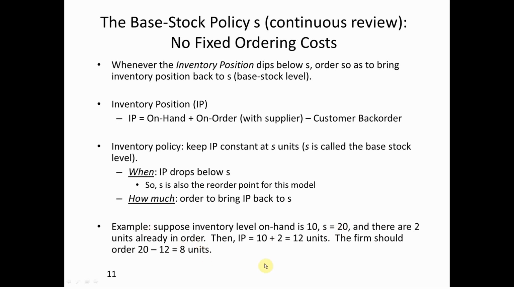There's no back order, so our inventory position would be 10 plus 2, or 12 units, and so we should order the difference between our base stock level, which is what we want to be at, and our inventory position: 20 minus 12, or 8 units. So if we order 8 units, that'll bring our inventory position back up to S.